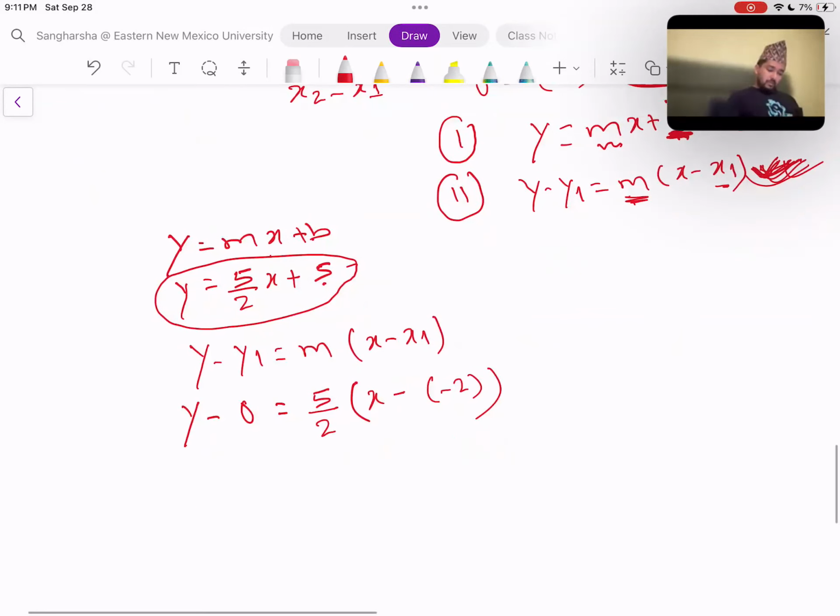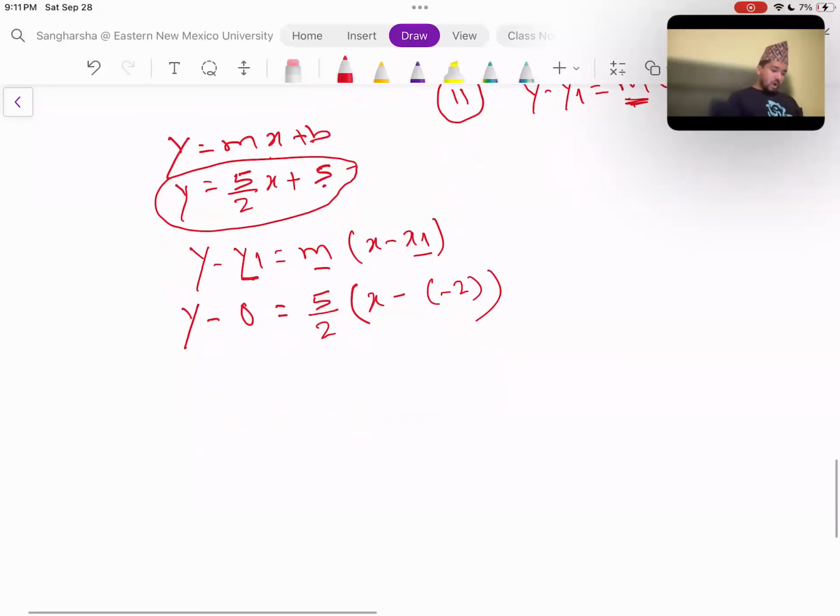So here I substitute y1, m, and x1. Now let's simplify. So y minus 0 is y equals 5/2 times x, negative times -2 is +2. Now we can simplify. Y equals, you distribute 5/2 to x as well as 2.